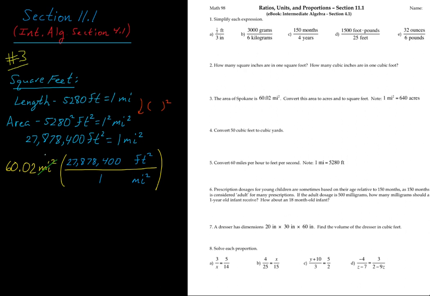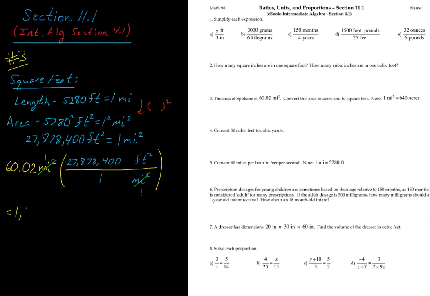And now we have these units of square miles to cancel. And so when all is said and done, multiplying that really large number in the conversion factor by 60.02, we're going to get an even larger number.